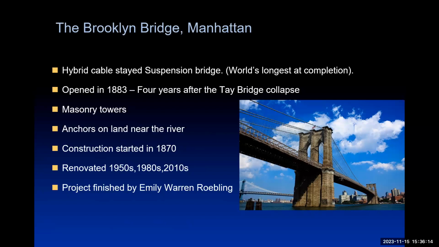And his wife, Emily, used to take written commands from him to the construction team, and she eventually became the project manager of the whole thing. So she took it to finalization. She was good at maths, good at knowing what catenary was, various things like that. So it was lucky that Washington Roebling had a very able wife at the time.